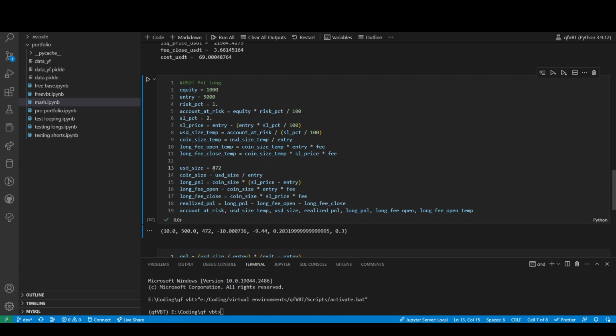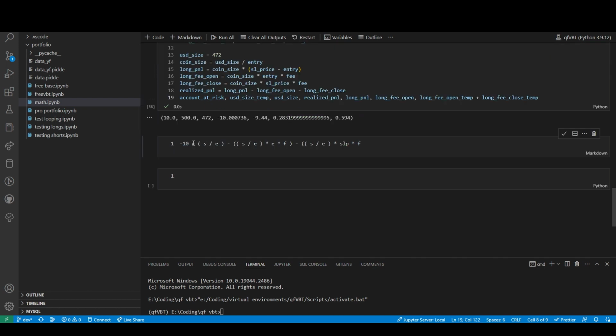I'm not 100% sure. How do you get that? Because obviously you can't just subtract the fees. I've got to think about this.